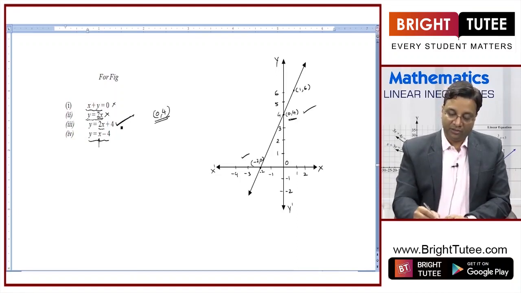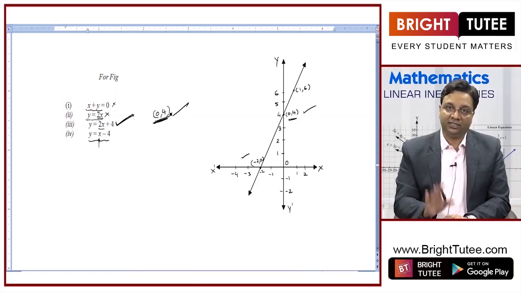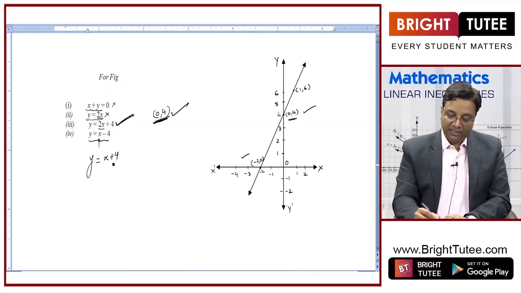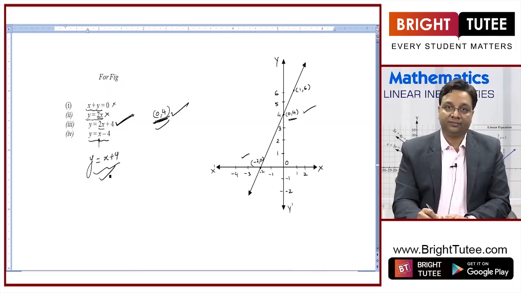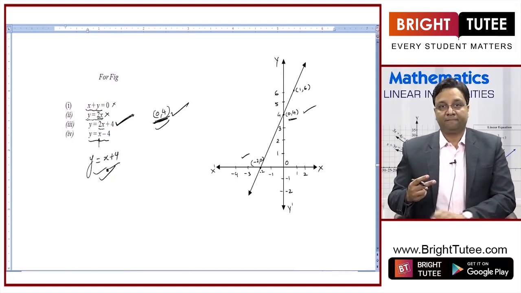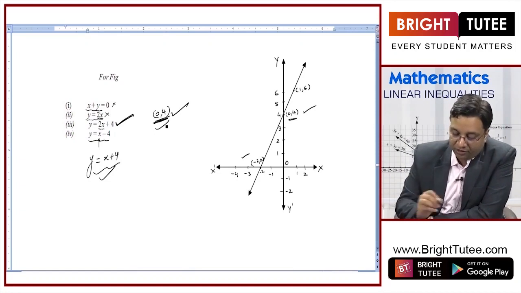Okay, so there is only one equation corresponding to this solution here. So in this case it satisfies it. But if we are given another option like this, y equal to x plus 4, then this solution will also satisfy this equation, right? So you need to check 2 points at least. In this case only 1 point was enough.